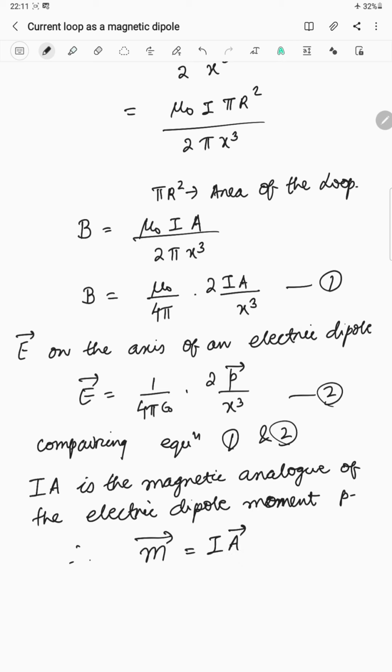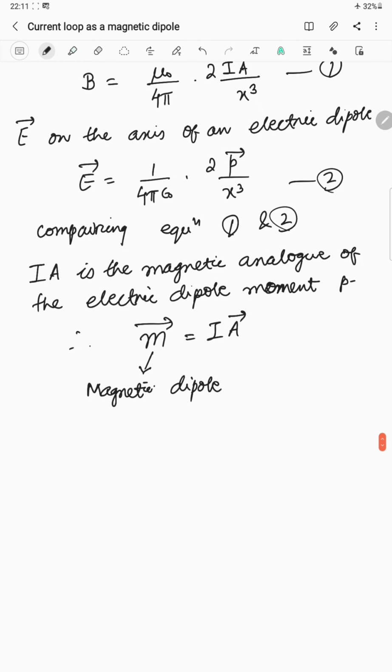I have already told you that area is going to be a vector quantity, while I taught you flux. Now what is this M vector? It is your magnetic dipole moment. And what about its direction?